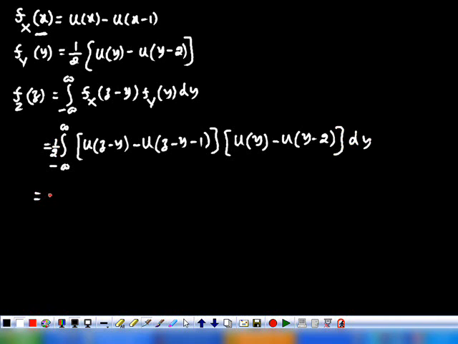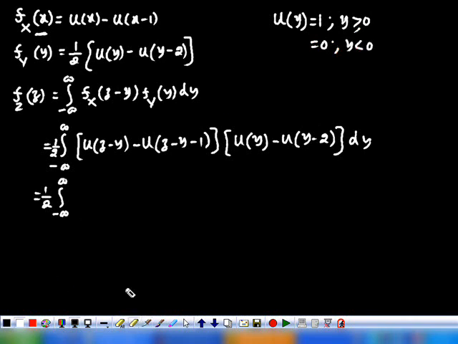You will get four integrals. The first one is the integral from minus infinity to plus infinity of u of z minus y into u of y dy. But what is u of y? u of y is equivalent to 1 for y greater than 0 and 0 for y less than 0.